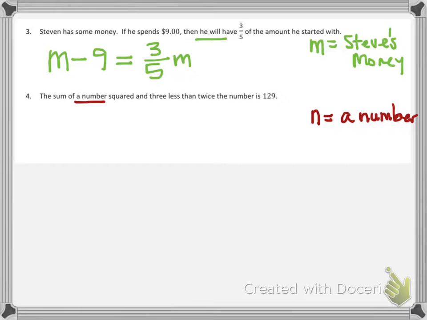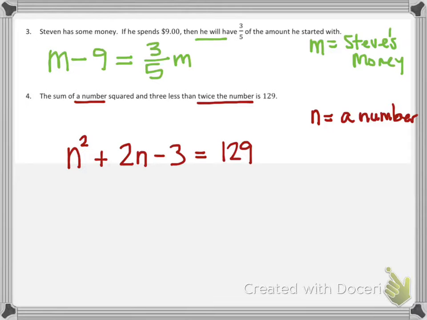The sum of a number squared, so N squared, and that's where my plus sign goes, 3 less than twice the number. I have to start with 2 times the number. Twice means 2 times. And then 3 less than that would be minus 3. Is means equals 129. N squared plus 2n minus 3 equals 129.